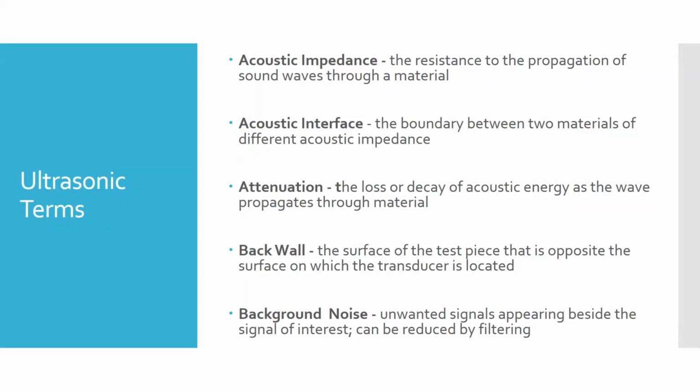If airplanes taking off out here were pulling power right outside our window, we wouldn't be able to hear what's going on, but the planes taking off on the runway are much further away, and we can't even hear them with the sound deadening they put in the new building. So that is acoustic impedance. The resistance to the propagation causes the amplitude to decrease. Okay? Acoustic interface is the boundary between any two materials or areas of different acoustic impedance.